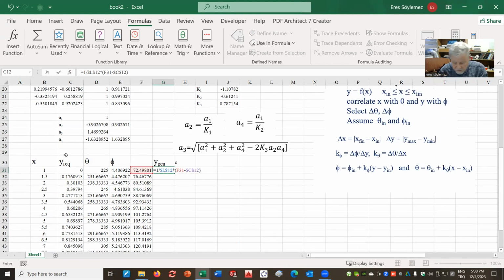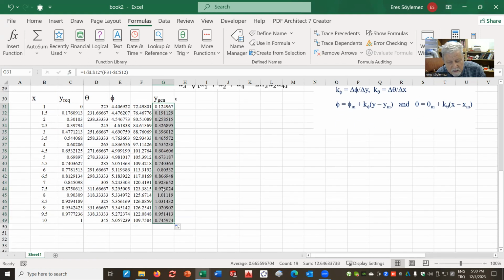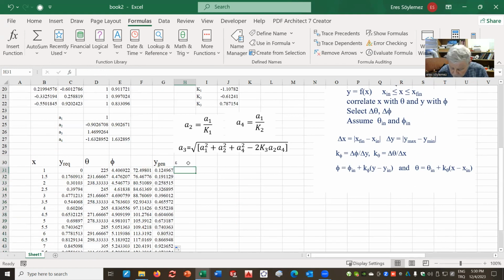Meaning, fix that F4 because it's going to be the same for all the remaining values. This is the Y generated. The error involved will be the difference between Y required minus Y generated. That's the error.